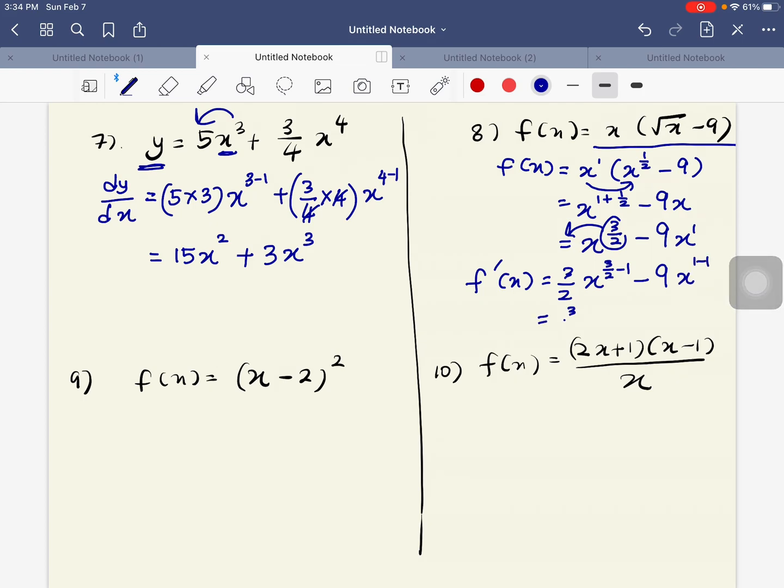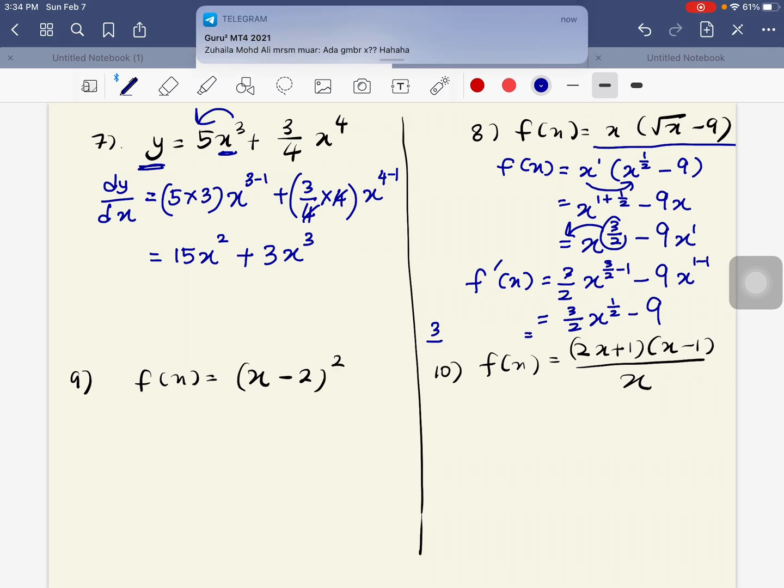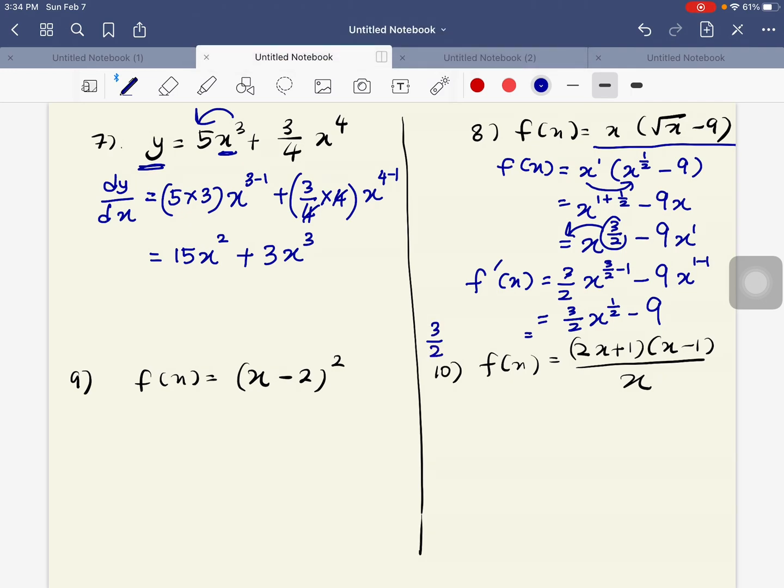Okay, so kita jadi 3 per 2 x power of berapa tu? 1 per 2 minus 9. Okay, if you want to make it simpler, you can write 3 over 2 square root of x minus 9, because we know that x power of 1 over 2 is square root. Okay? Okay, next one.